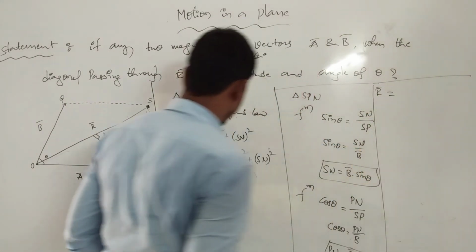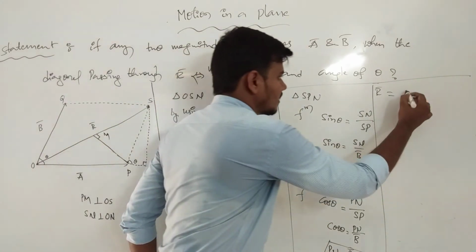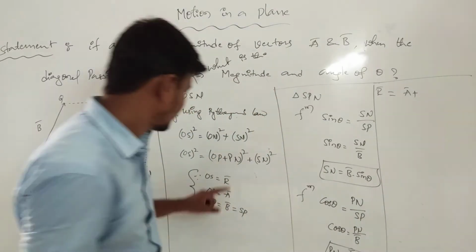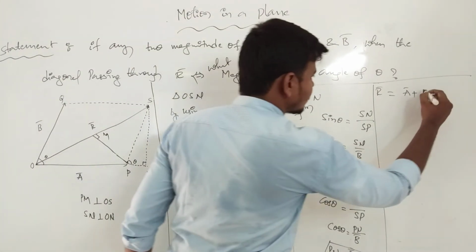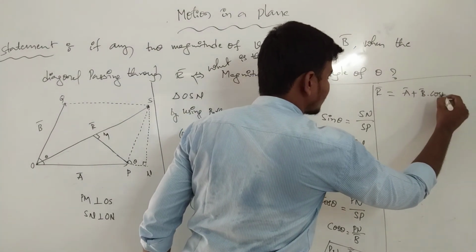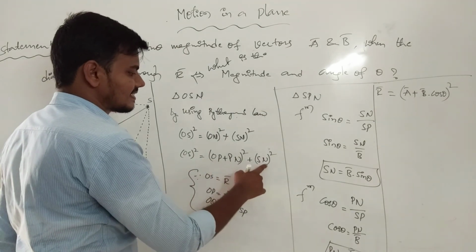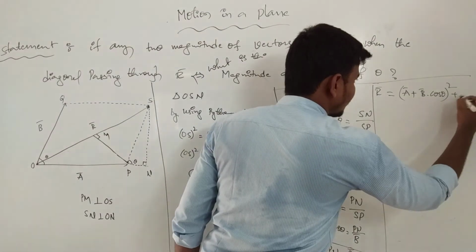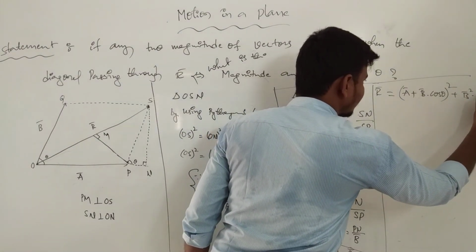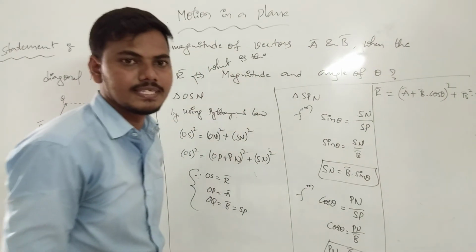R bar is equal to OP, which is A bar, plus PN, which is B bar cos theta, whole square, plus SN square. SN means B bar sin theta, so plus B bar square sin square theta.